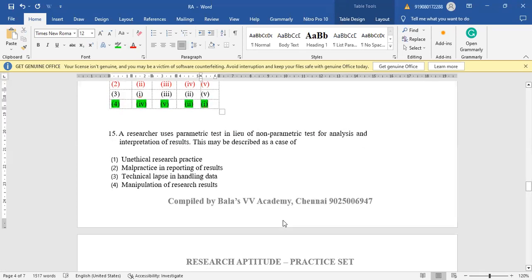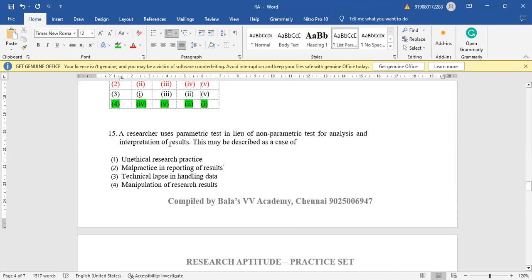Then a researcher uses parametric test in lieu of non-parametric test for analysis and interpretation of results. This may be described as a case of dash. Unethical research practice. Okay. Any difference of opinion? Technical lapse in handling data. Very good.